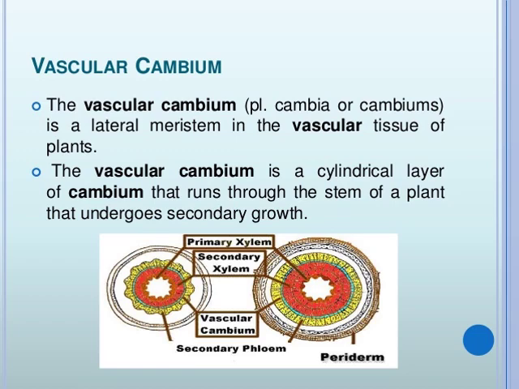And the phloem, the vascular tissue that transports sugar and other large molecules, grows outward from the vascular cambium. When the vascular cambium cells divide, they create secondary xylem and phloem.